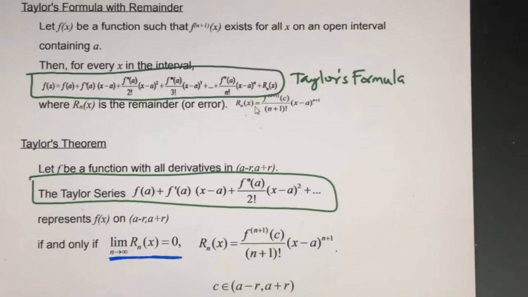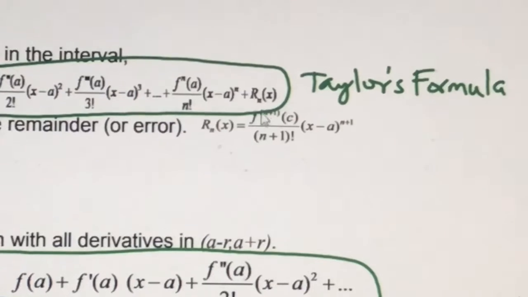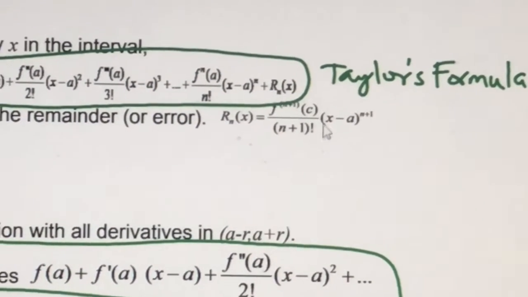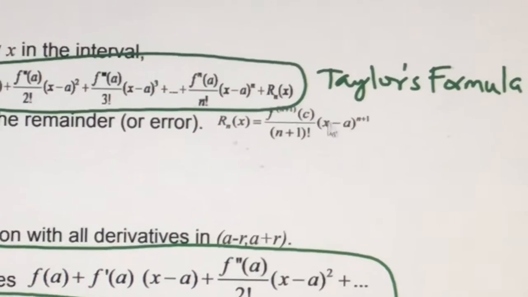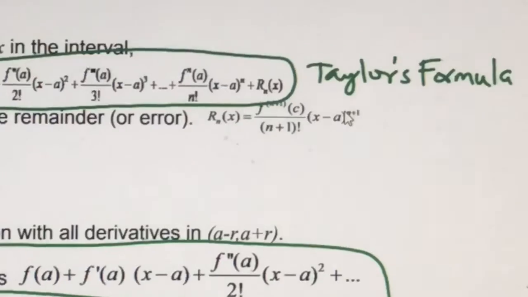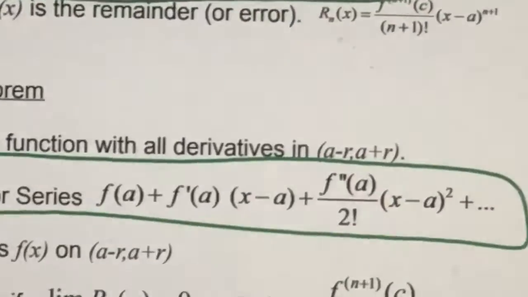It's given that the error of the formula is equal to f^(n+1)(c) over (n+1) factorial, multiplied by (x minus a), where a is the point given, to the power of n plus 1. Okay, that's all for this note.